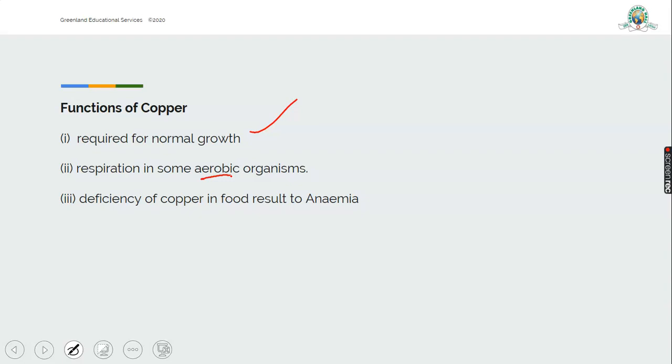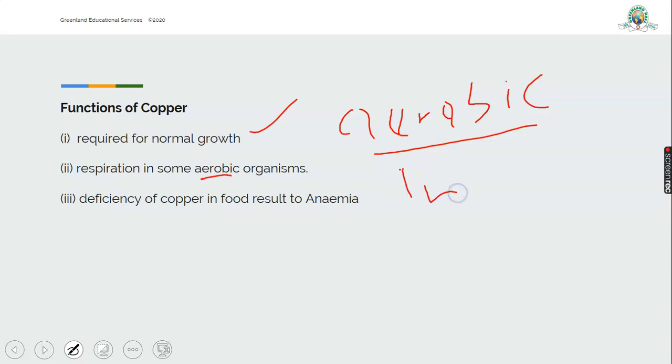Respiration in aerobic organisms. What do we mean by aerobic? We did that under respiration. Aerobic is a type of respiration that takes place in the presence of oxygen.